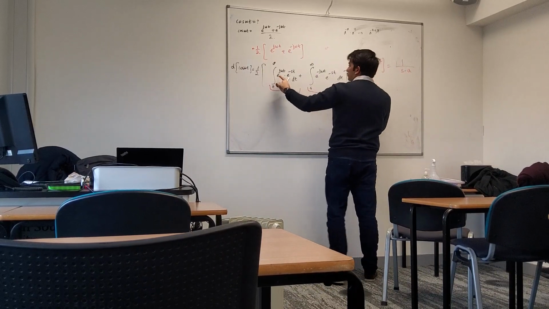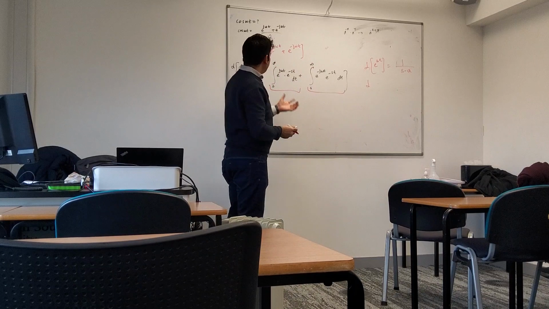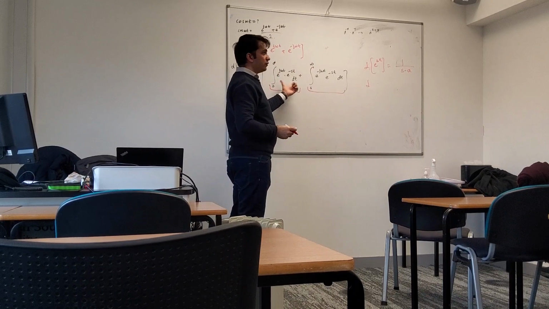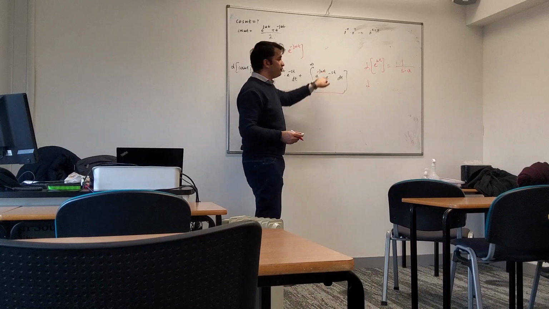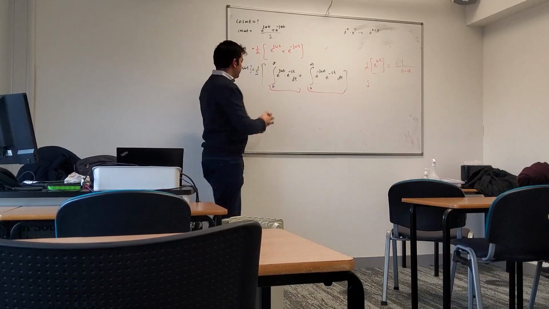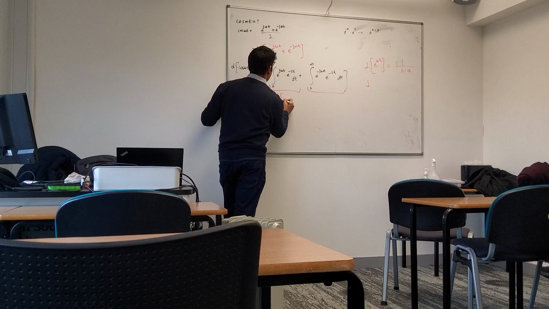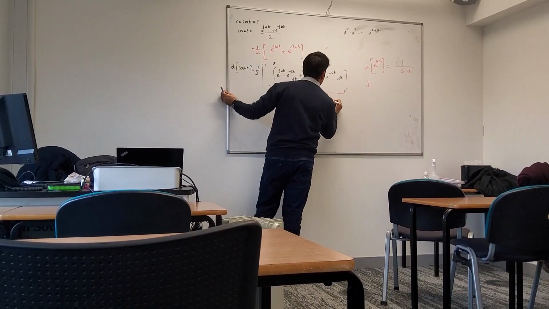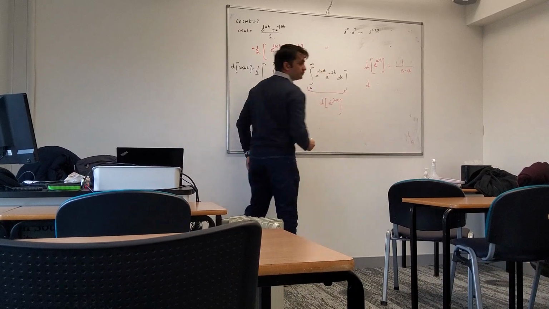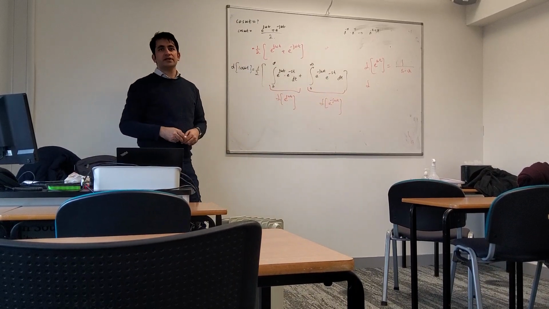So you know that this is the Laplace transform of e power j omega t, and this is the formula for e power minus j omega t, right? Is this correct? Yes.